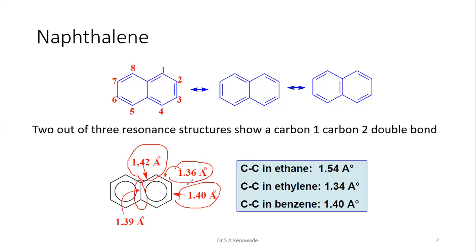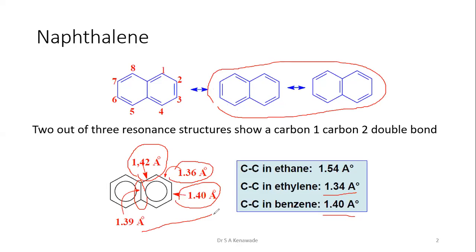If we compare, carbon-carbon in ethane is 1.54 angstrom, carbon-carbon in ethylene is 1.34 angstrom, and carbon-carbon in benzene is 1.40 angstrom. But because of the resonance structure, the bond lengths in naphthalene change accordingly.